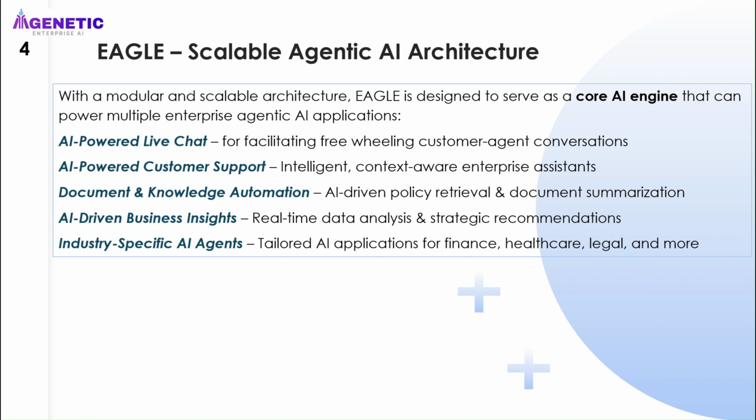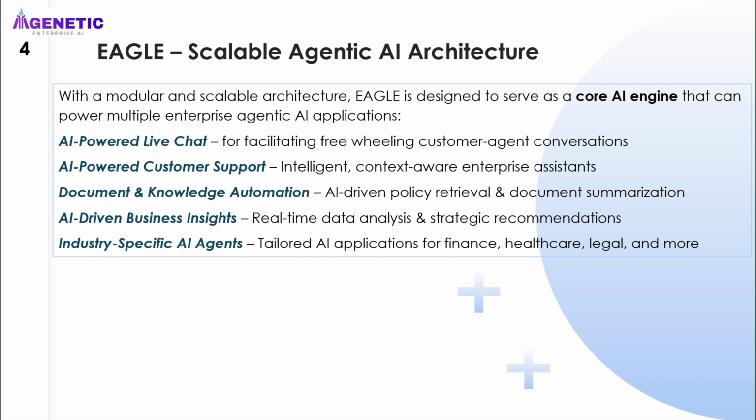The live chats that you have today, whether through WhatsApp or any other mode, are more like an IVR. You have to start with a specific query, and then you are given numbers one, two, three, four. You'll have to select the options, and from those options the conversation goes ahead. So it has to follow a structured path. However, when you have an AI-powered live chat, it can actually be pretty much freewheeling.